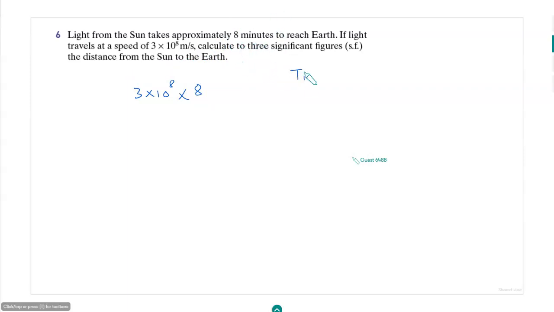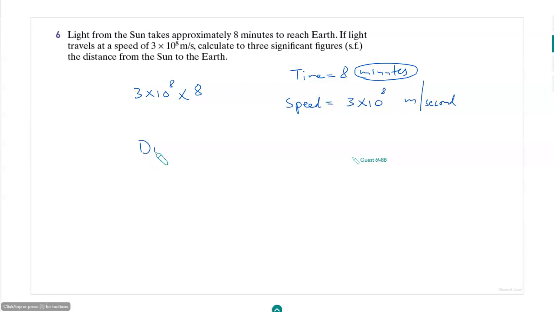Time is 8 minutes, right? Yes. And speed is 3 into 10 raised to 8. What is the unit of speed here? Meters per second.